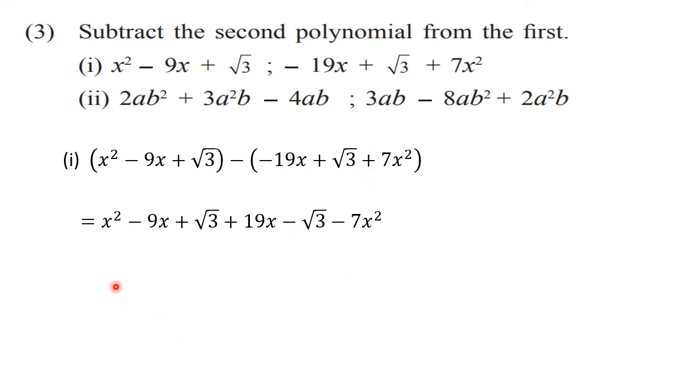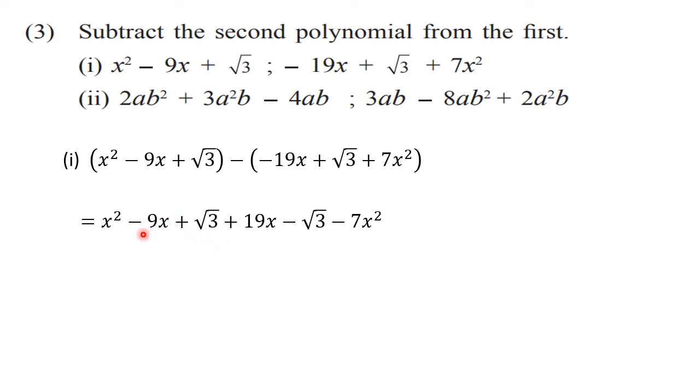Afterwards, in the next step, you have to write down all the terms in descending order of powers, and like terms you will write together. Okay, so here the highest index is 2. That means you should write the terms with x square together. So see, this is one term and this is one term. So these two you will write together.